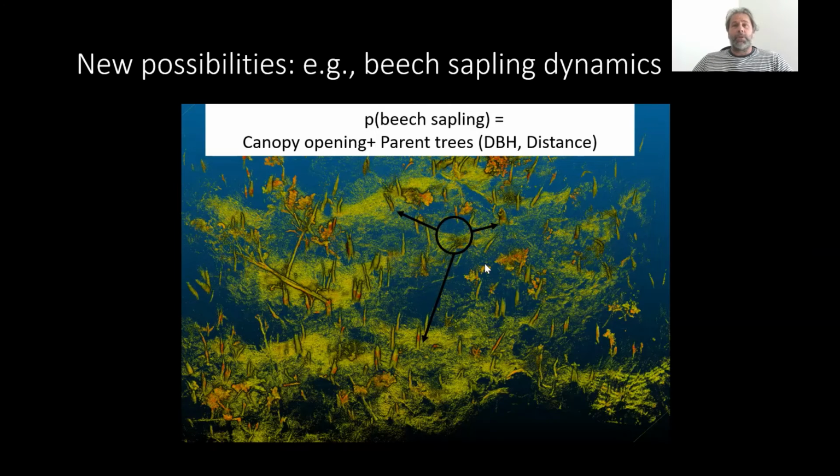We have a little plot here, and we want to know the probability of having a beech sapling here as a function of canopy opening, the DBH and the distance of the parent tree. So we can make spatial analyses at the stand scale. This kind of analysis was not possible before the use of mobile LiDAR.